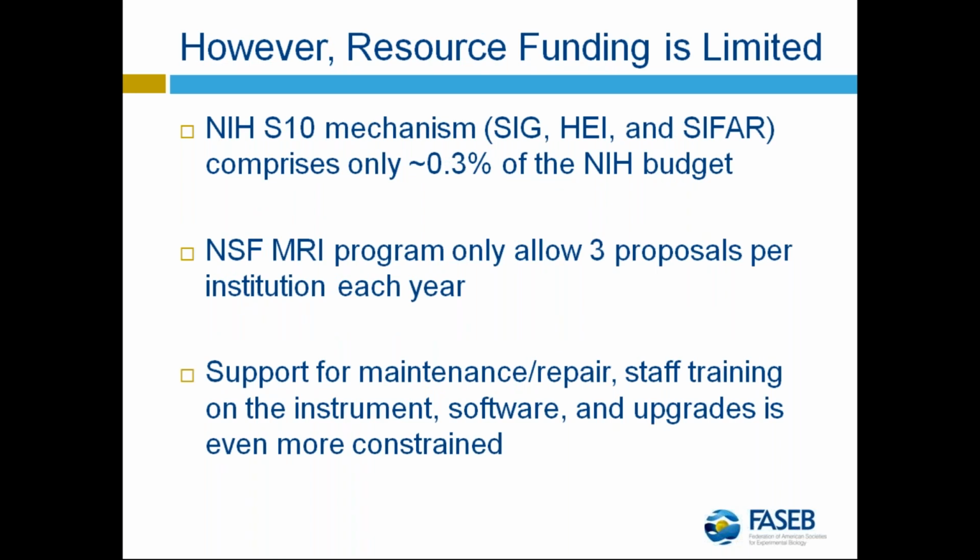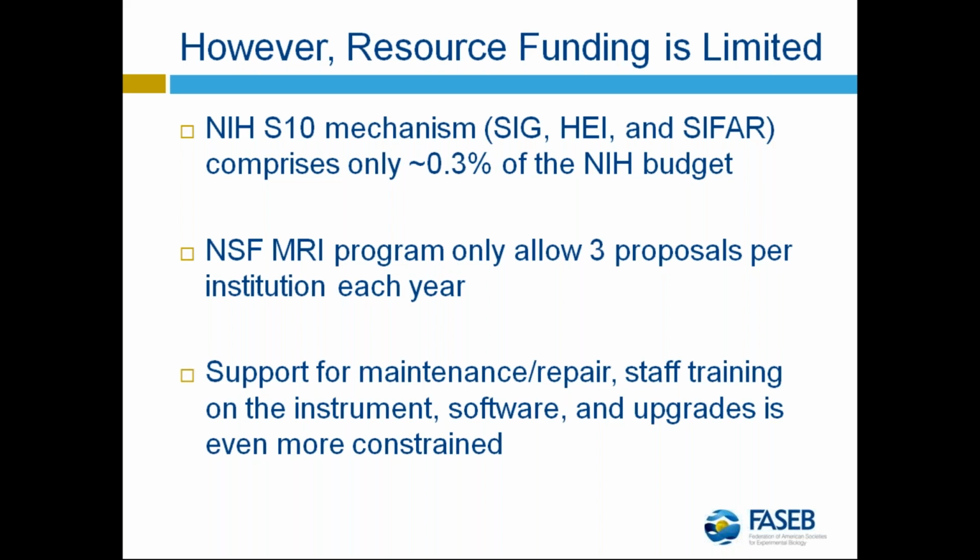However, the resource funding is limited. Resource sharing grew out of the need for access to technology and expertise. Consolidating and centralizing mandate from NIH was to drive efficiencies for collaboration to tackle big problems.